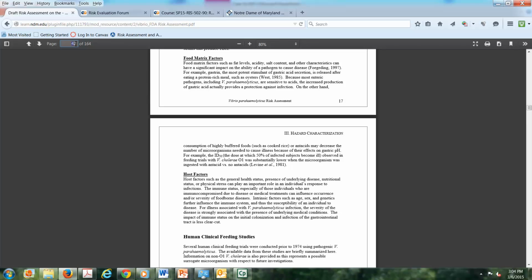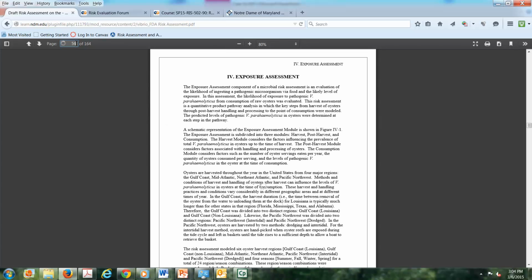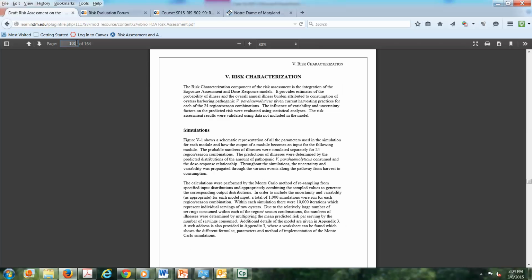So there is clearly that second step. The exposure assessment begins here. This is the story of how people become exposed to those Vibrio parahemolyticus. And then of course, the risk characterization step.